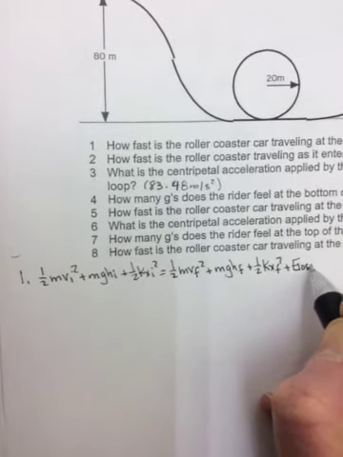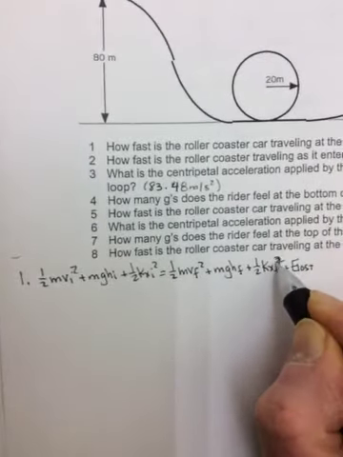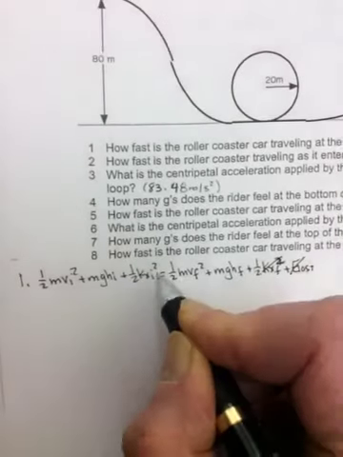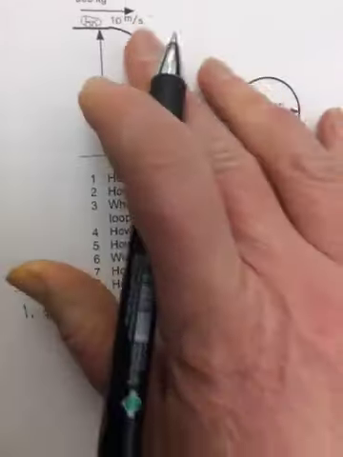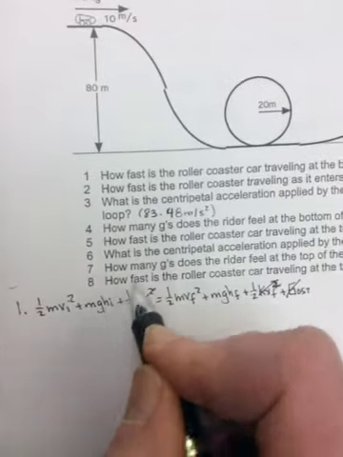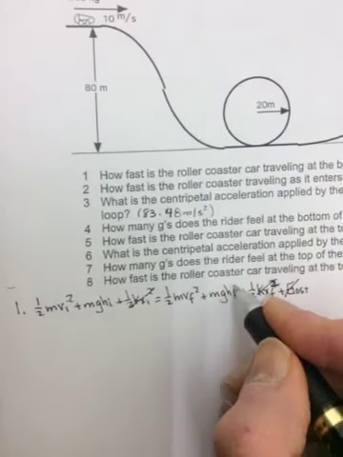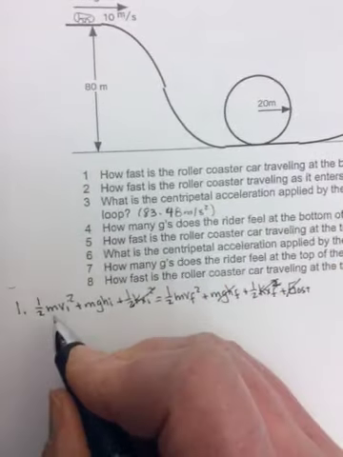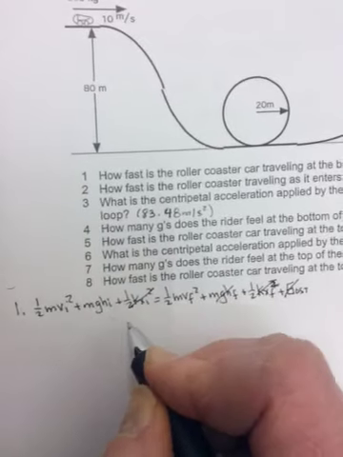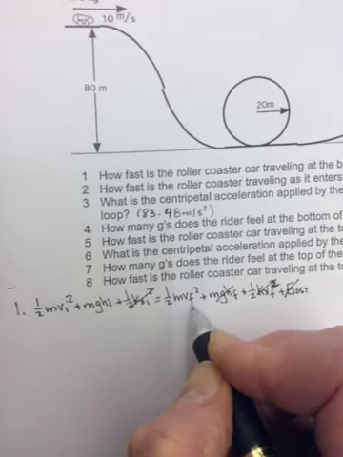And all of these roller coasters, they assume there's no E lost and there is no spring. Okay, so at the top of the hill, it has both a height and a speed. At the bottom of the hill, it has a speed but no height. All the terms have an m in it, so they're going to cancel. And we're looking for VF.